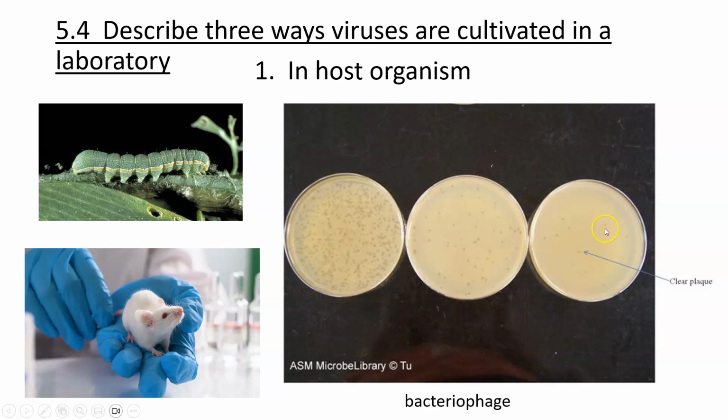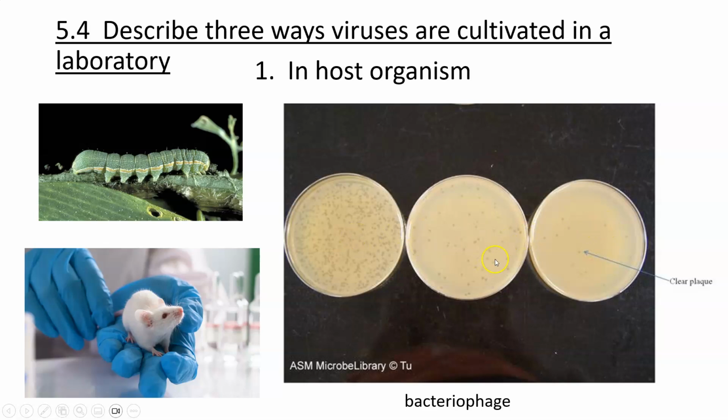So that little clear area that they're calling a plaque is a clear zone where there's no bacteria because the virus popped out of it and killed it, and probably killed millions of bacterial cells in that spot. For every virus particle that landed here, we can see a clear plaque. If I analyzed what's inside of there, there's going to be a lot of virus right there. There's only bacteria in this area, but a lot of virus in these clear plaques.